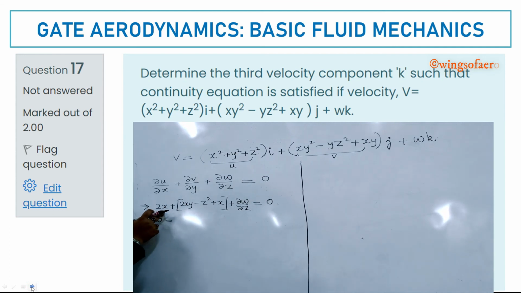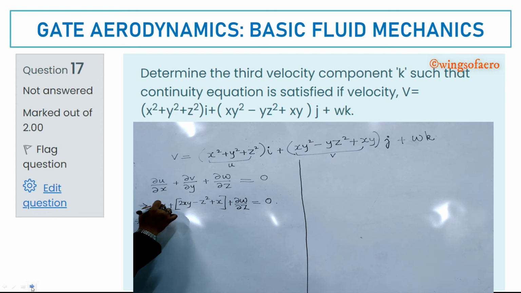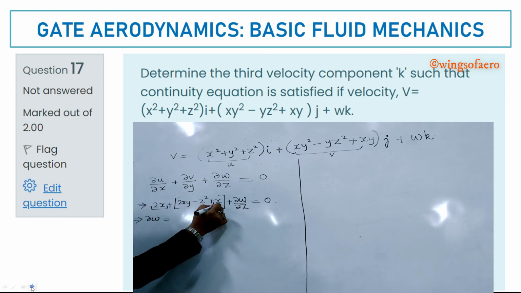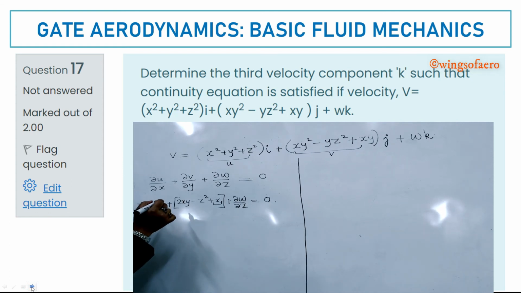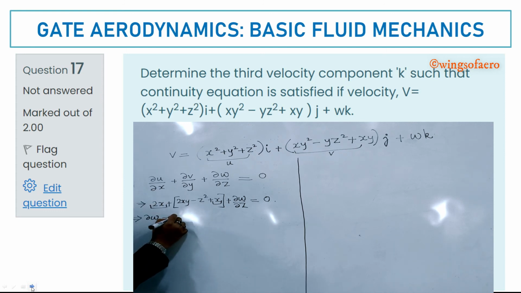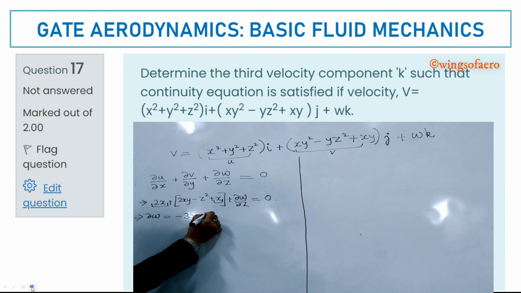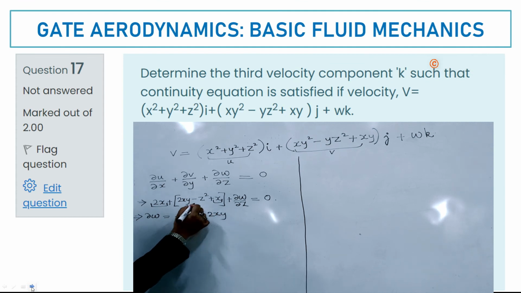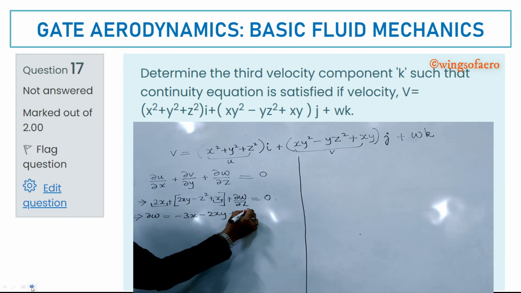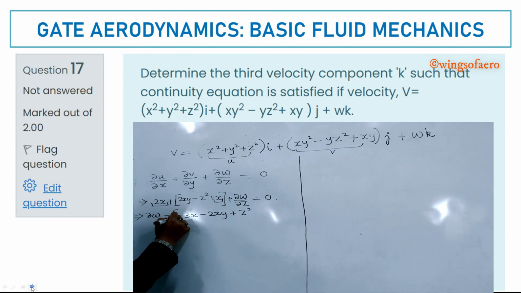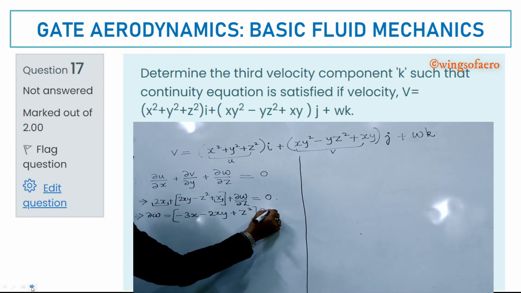Can I simplify this equation? Yes, I can combine these terms together and write 3x, so minus 3x, again minus 2xy plus z squared, the whole term in dou x.